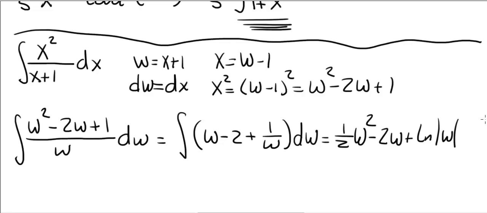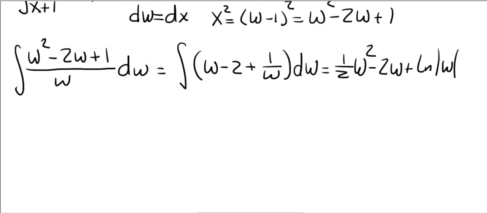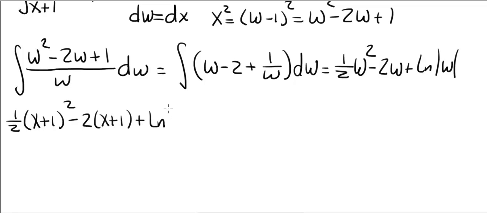Let's replace w with x plus 1, and we have 1/2 times x plus 1 squared minus 2 times x plus 1 plus natural log of absolute value of x plus 1.